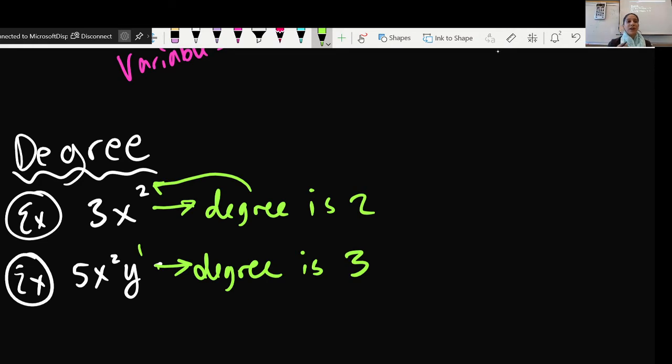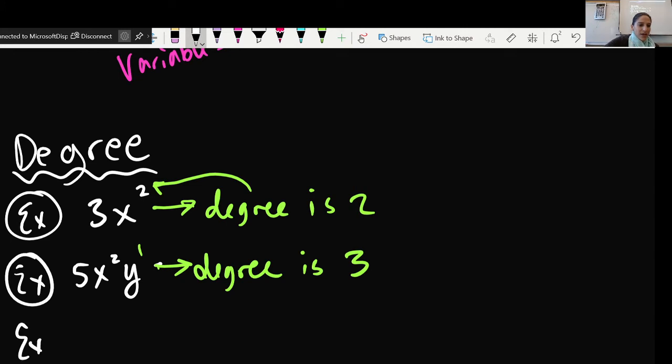When you go to find your degree of that term, you include that little 1 that's at the top. That's actually invisible. We don't normally write it. Good? So that's a common mistake I see. People forget the variable that doesn't have the exponent written up top. Make sure that you do include that and you do use a 1 in order to do that.